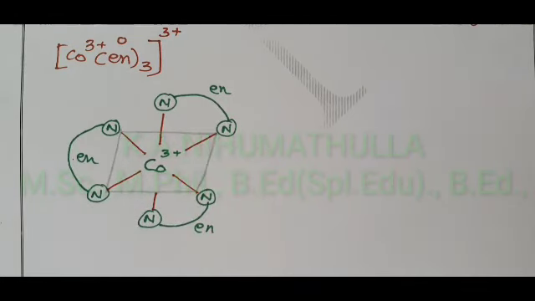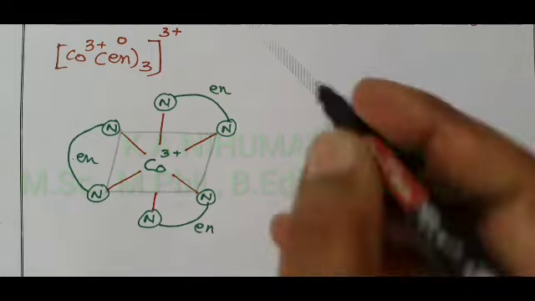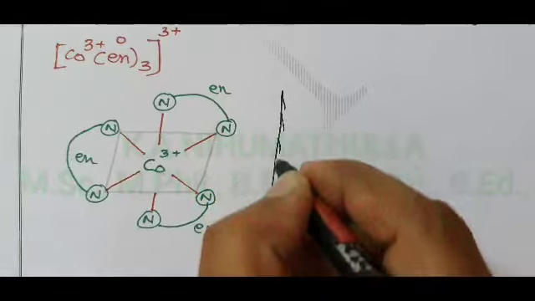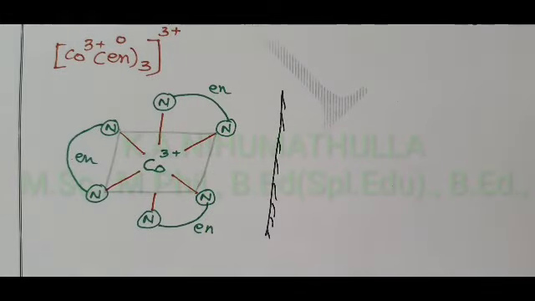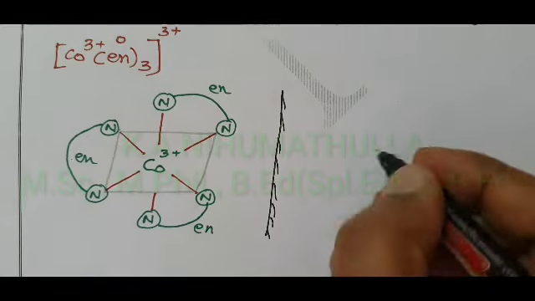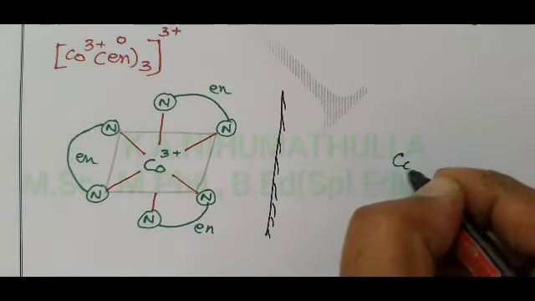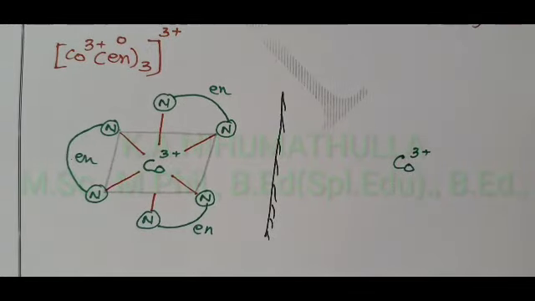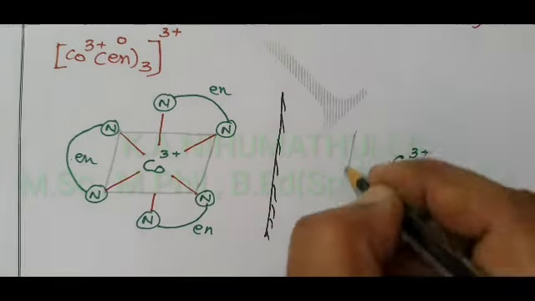Now I am going to draw one mirror on the right hand side. A mirror is placed here. This is a mirror. Now we are going to draw the mirror image of this compound. Cobalt at the center, it is a 3 plus ion. Draw the square planar structure.